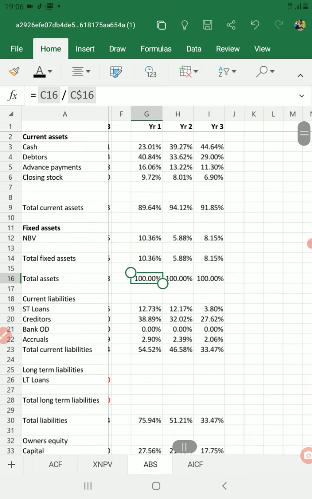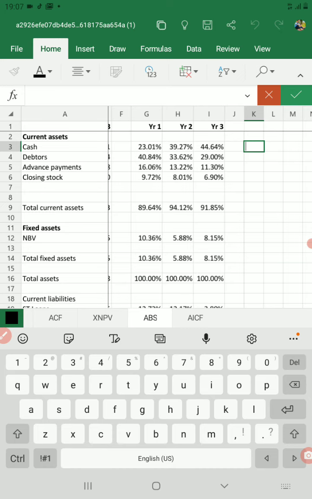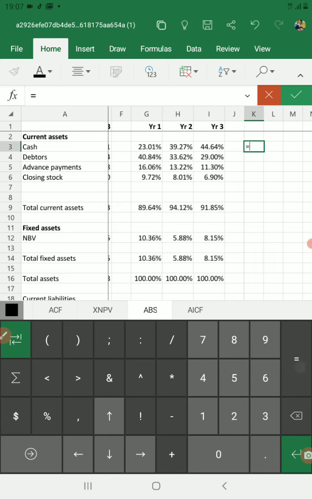They are here. So we see the cash is 23 point here. Or what we can do here is to show for the year one, or even all, we can put a formula here and start with equal sign.